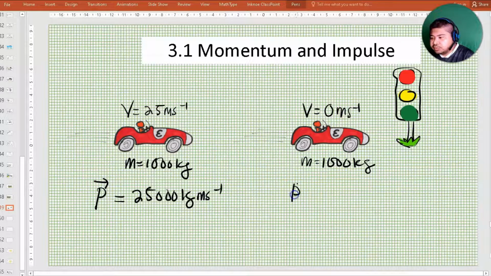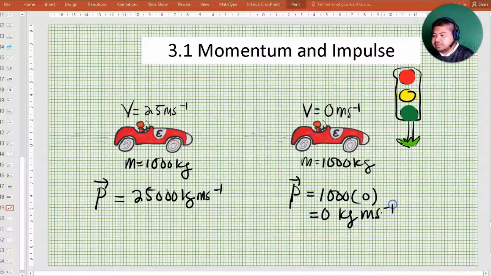So now the car has no motion. Alright, so the motion is 0. We can see that from the value of the momentum. The mass is 1000 times 0, so you get a momentum of 0 kilogram meter per second.